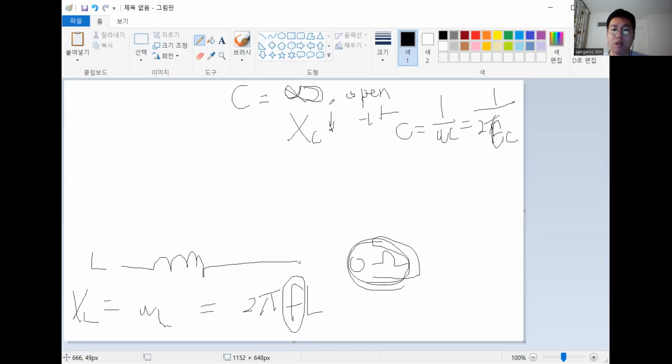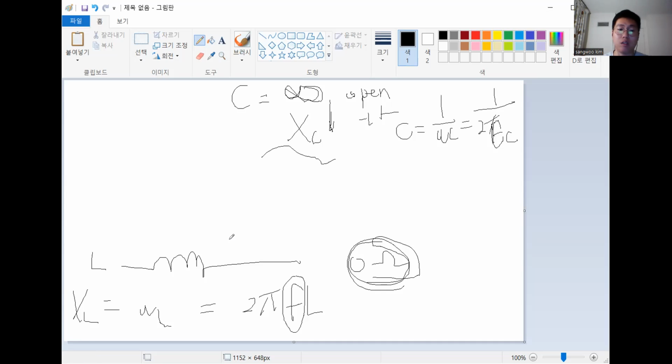What does that mean? Reactance is down, right? I said reactance kind of prevents current, right? So if the frequency is up, the reactance, the XC part, is going to be down, so more current is easily controlled.